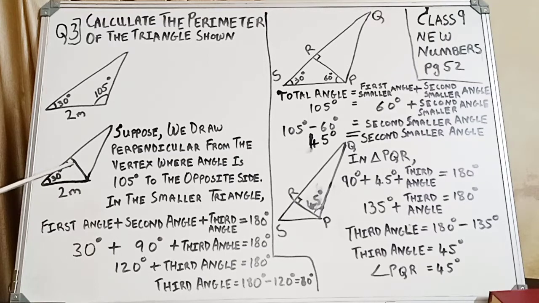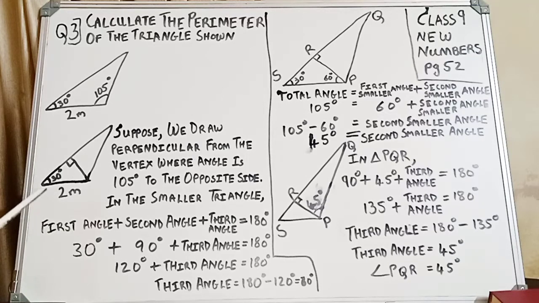Now if we take the smaller triangle, we have learned in 8th standard that the sum of three angles in any triangle is 180 degree.